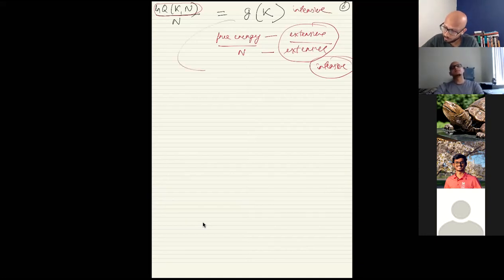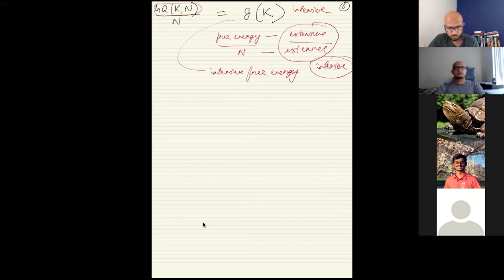And this g of k is basically an intensive free energy, and that's what we are going to be interested in. And we can get all sorts of thermodynamic properties from g of k. We can get heat capacity, we can get all sorts of molar properties out of this, right? Because often we are not interested in what happens with the size of the system. We are interested in things in the thermodynamic limit per average number of atoms.